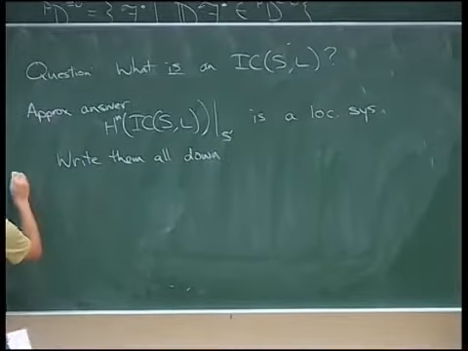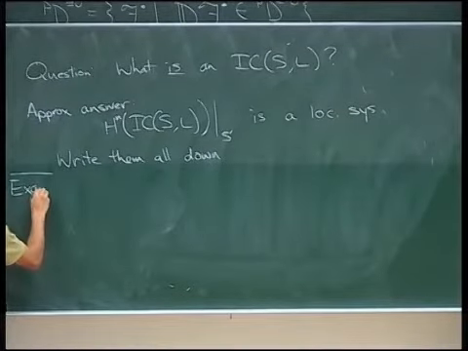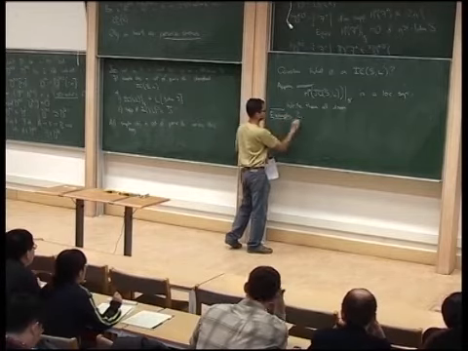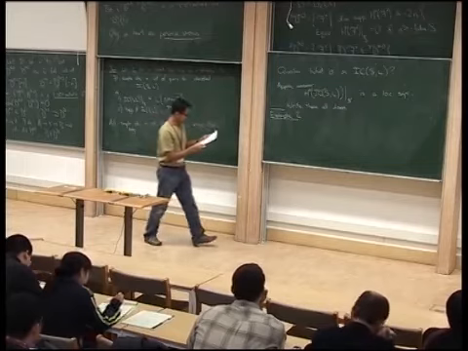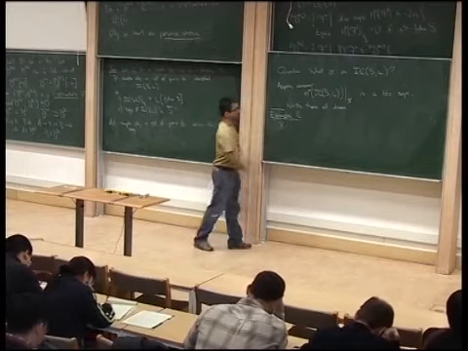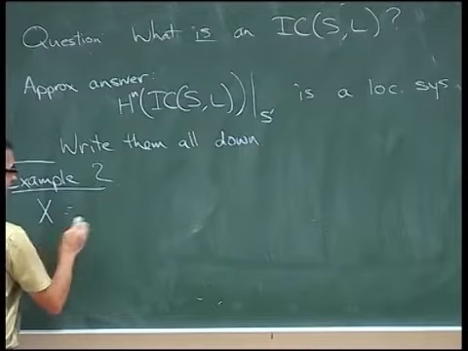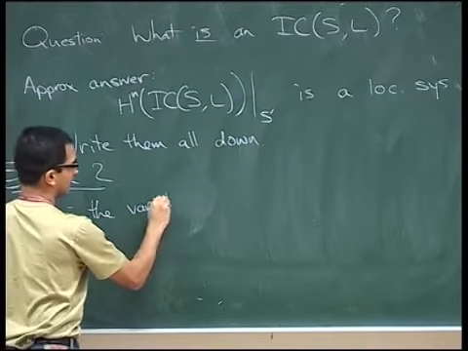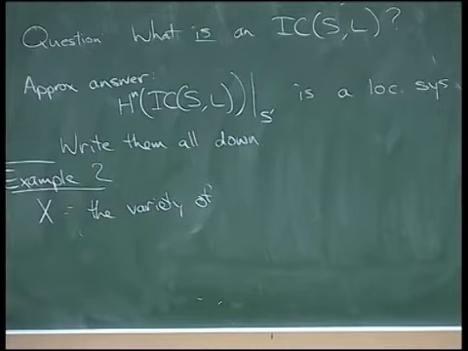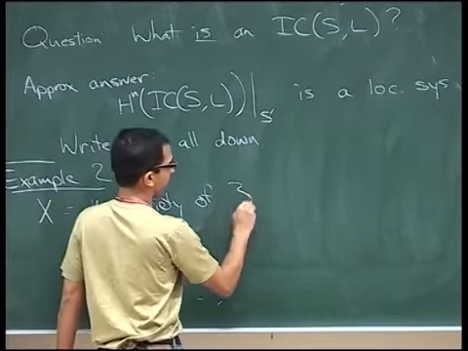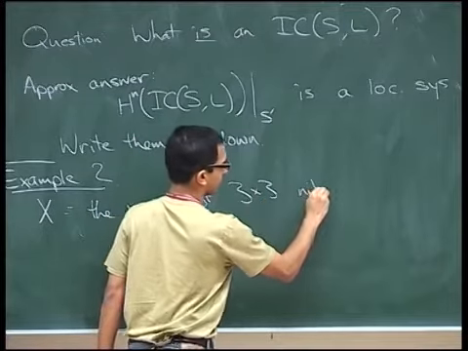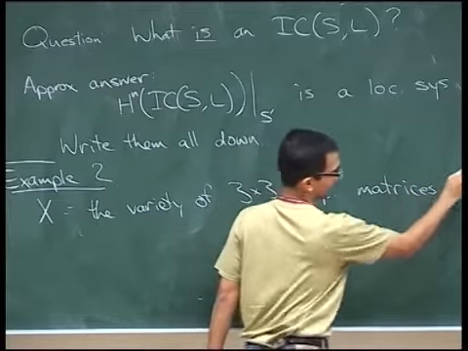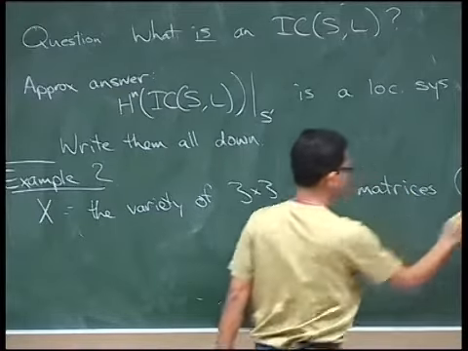Okay, so here's example, I guess I'm on number 2. Example 2. X now is going to be the following topological space. X is going to be the variety of 3 by 3 nilpotent matrices, and all of this is over the complex numbers.